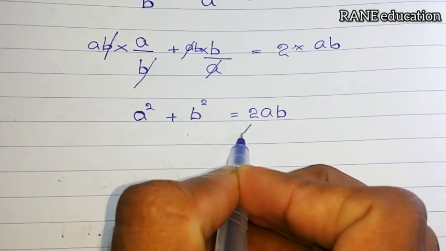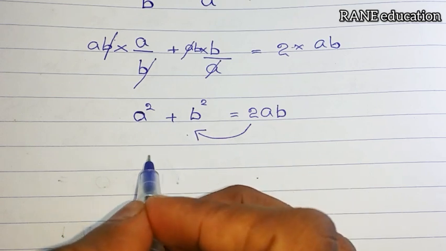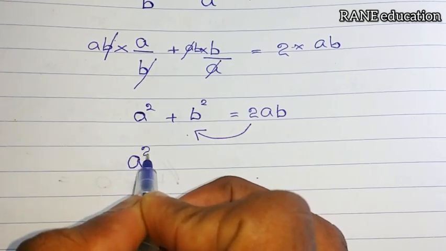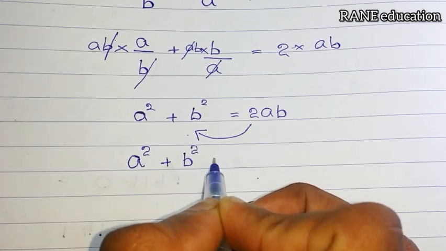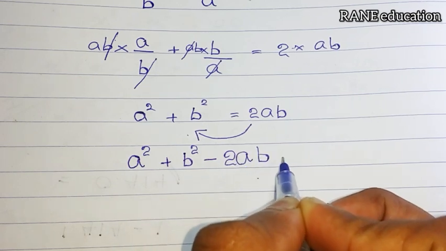Move ab to the left side: a squared plus b squared minus 2ab equals 0.